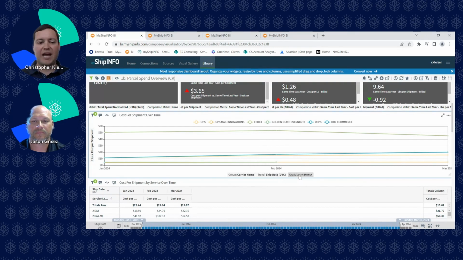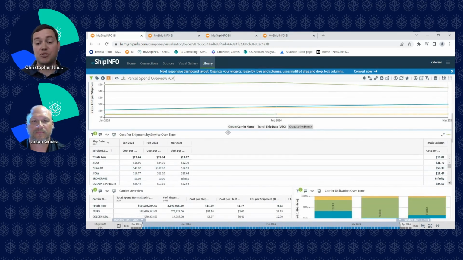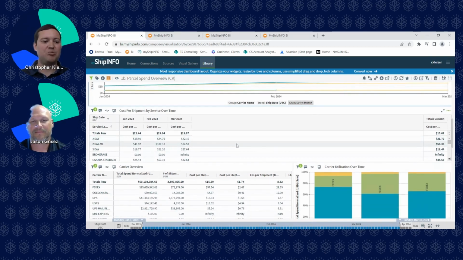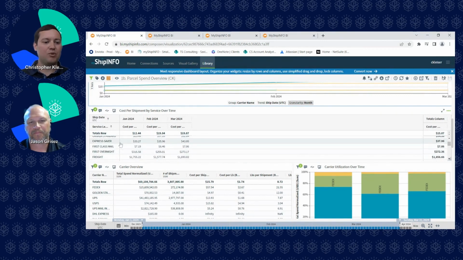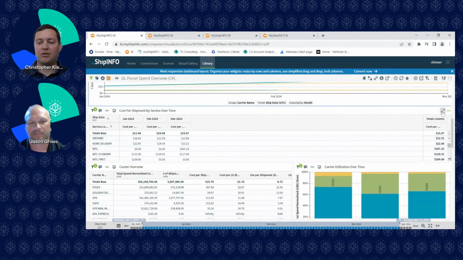As we further go down, we start to have things such as cost per shipment, service over time. So we're looking at it from a service level basis. This really helps us pick out from the very beginning what kind of service levels we're using, what that cost per shipment is, and what the expedited shipment is that we're using here. We're able to really easily point out things such as next day AM, 2-day AM, 2-day, 3-day, express saver, all the way down across the board.